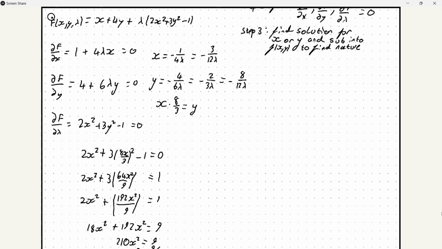So here, we can sub this back into this equation here to find out what our values for y will be.